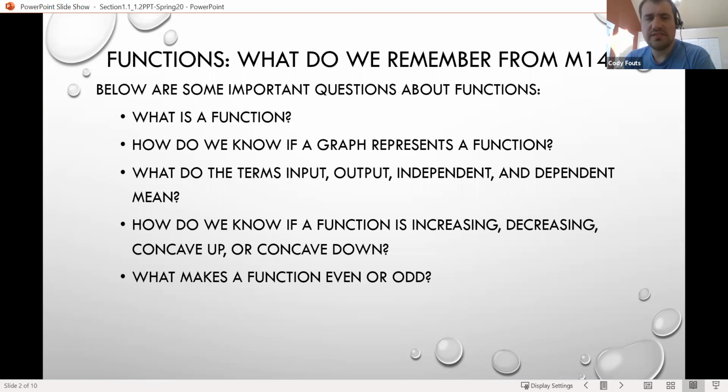But if any of these terms look unfamiliar, if you're not remembering some of the definitions or what they mean, I would highly suggest either looking back at your notes from wherever you took Pre-Calculus I, or on our class WAMAP page, open up the block that says syllabus and textbook, and underneath there you'll find a link to the pre-calculus book that we use here at Pierce College Fort Steilacoom. That would be a great place to look up some of the answers. So when you have the chance, investigate those yourself if you don't remember all of them.